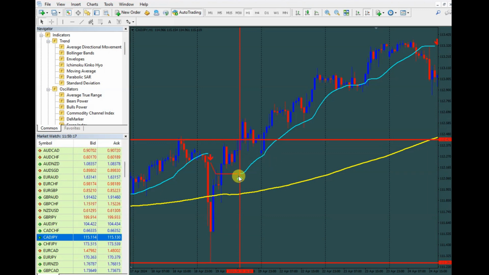For example, if you have a trading account of $1,000, considering that you are going to open a buy here, and here is your stop loss, you have almost 116 pips. Based on this, you can decide to trade 0.05 lot size.